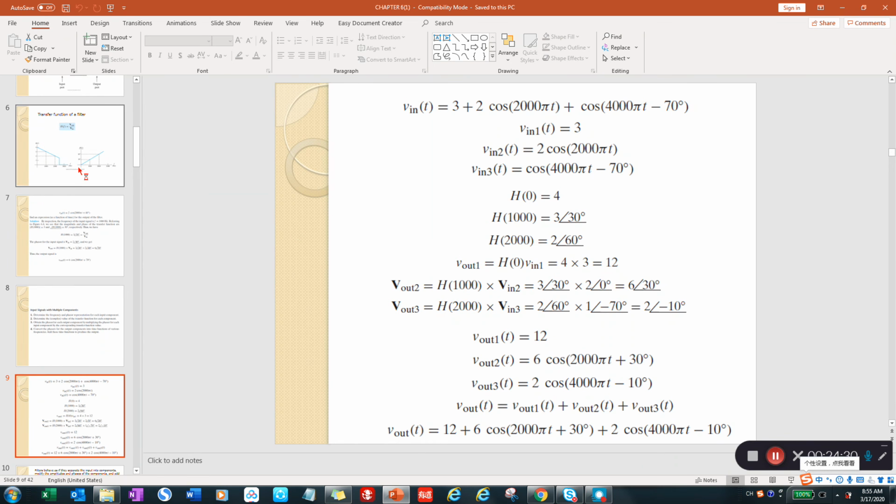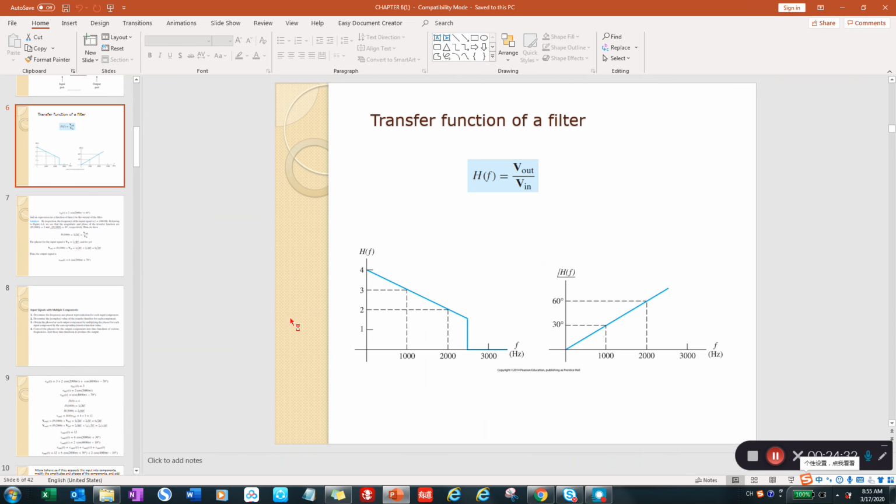Then we can go back to the transfer function to figure out, if it is 2000 of the frequency, what will be the transfer function. So for the amplitude with a frequency of 2000, it is 2. It will be amplified by 2. And the phase angle at 2000 is 60.